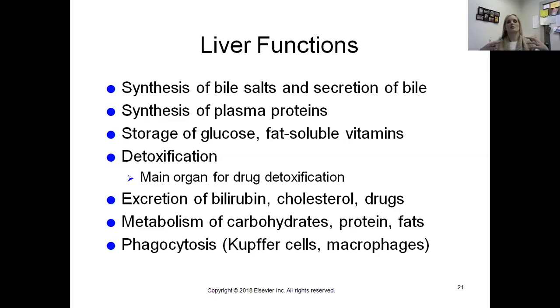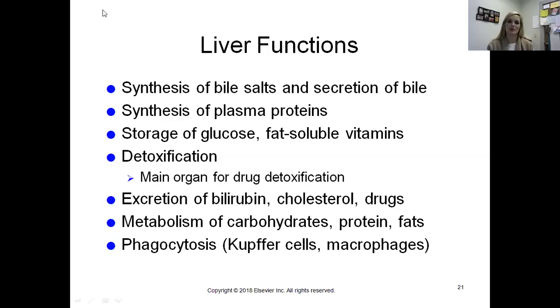The liver also handles excretion of bilirubin, cholesterol, as well as drugs, so it helps our body to eliminate these. The metabolism of our carbs, fats, and proteins will take place here, as well as phagocytosis. Because our liver is very much involved in helping to detoxify, it helps with that process.